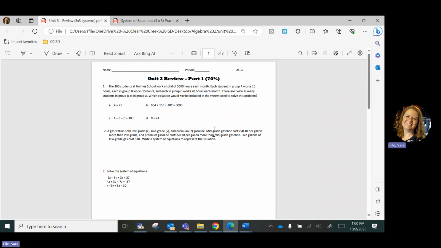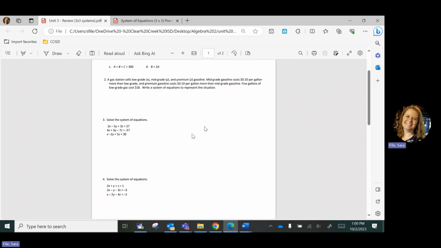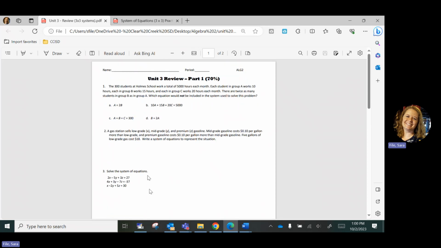So we decided that to incentivize, motivate you to do the review, we're going to make it a grade because you're more likely to do it if it's for a grade. So the front side of this that says part 1, it's just these 4 questions, is going to be 70% of the grade for the review.